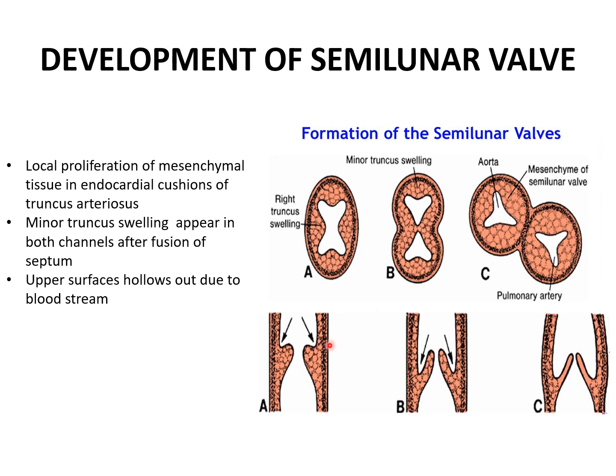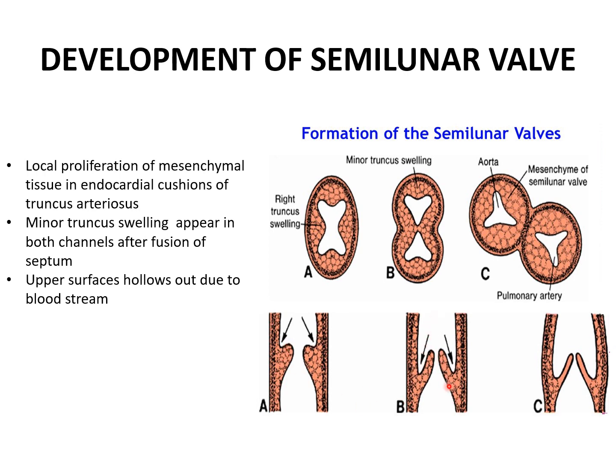Later on, with the flow of the blood, these projections get scalloped. Scalloped means they are hollowed out. The hollowing occurs towards the great vessel, that is, either towards the pulmonary trunk or towards the aorta, right?